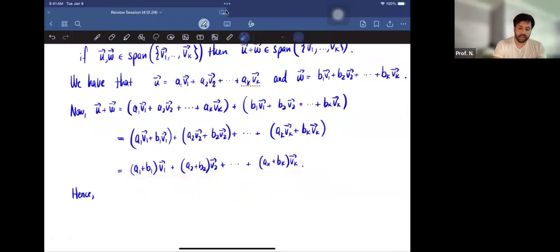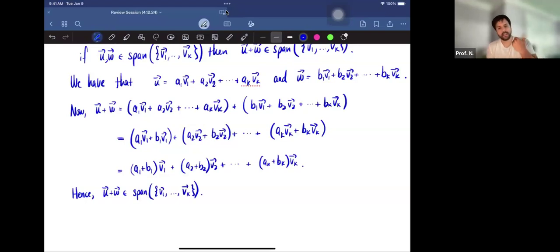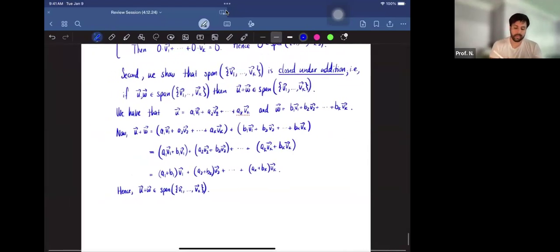I did it. Hence, U plus W is in the span. That's exactly what I wanted to show. Again, what does it mean to be in the span? It means you're written as a linear combination of the vectors. So I did it.